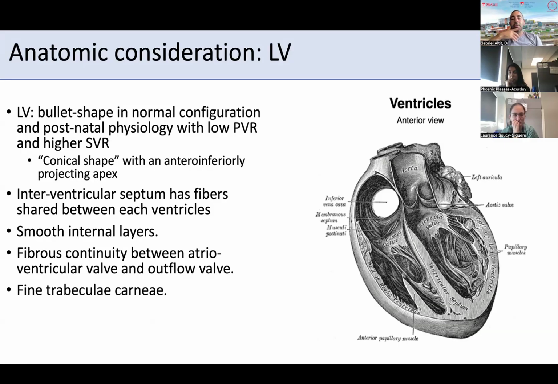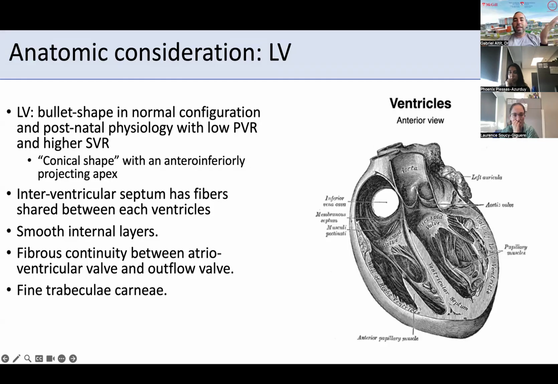Because of that, we see much more frequently a double inlet left ventricle with an absent right ventricle rather than a double inlet right ventricle, which is extremely rare, because the RV comes a bit later in embryogenesis.